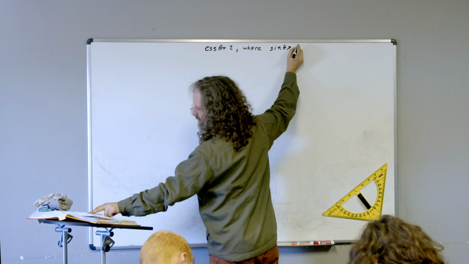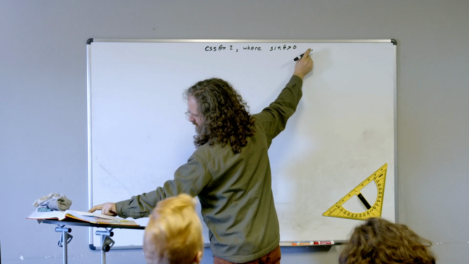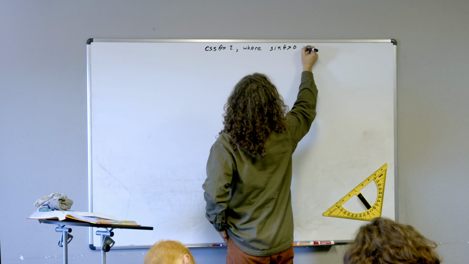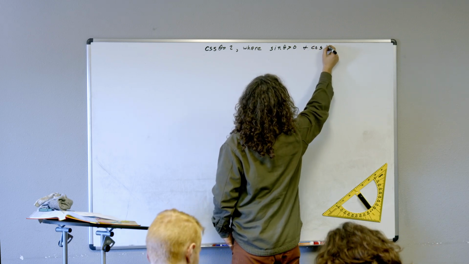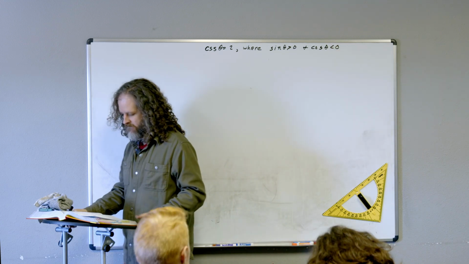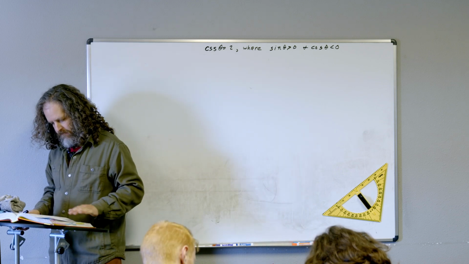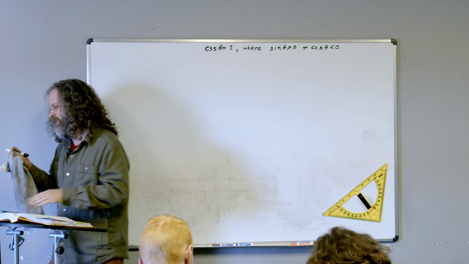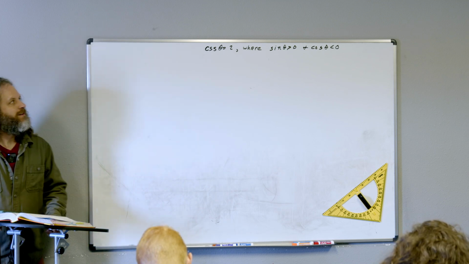Sine of theta is greater than 0, and cosine of theta is less than 0. It's also telling us what range of values we're in.